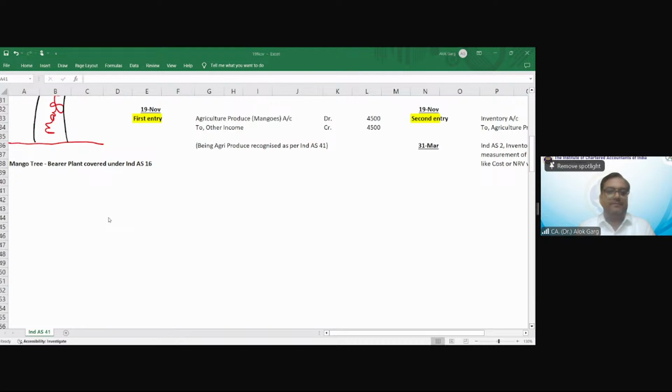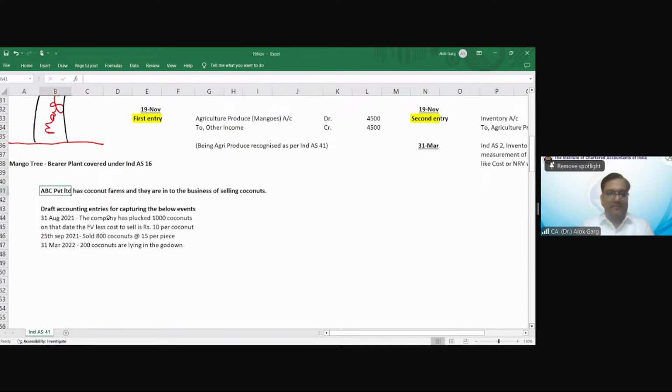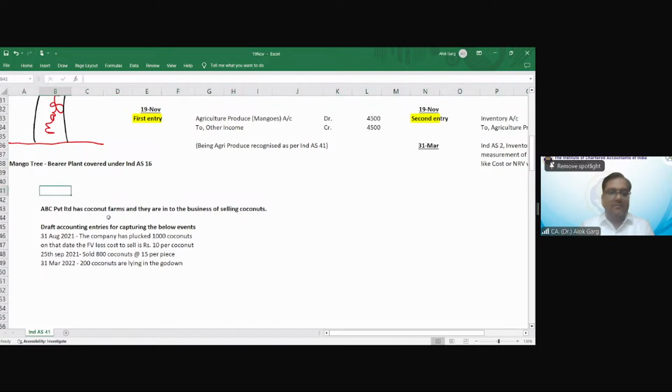Example. ABC Private Limited has coconut farms and they are into the business of selling coconuts. Draft accounting entries for capturing the below events.